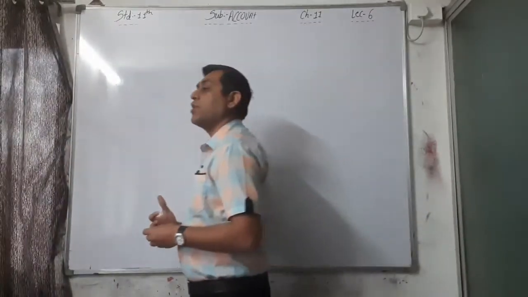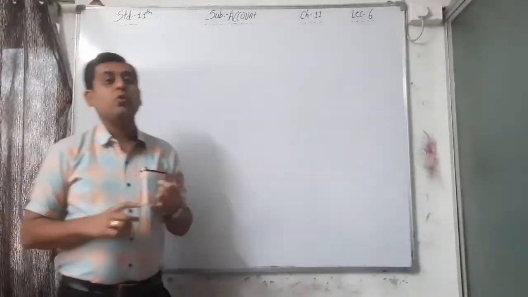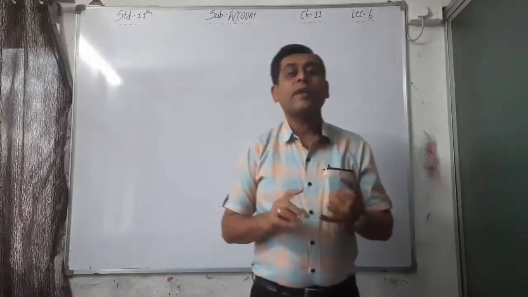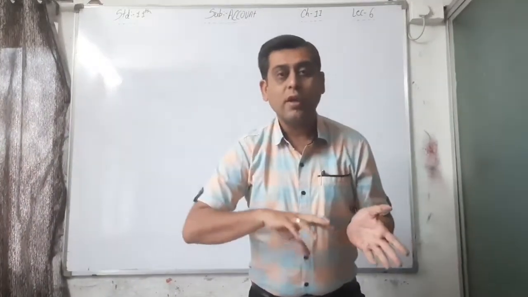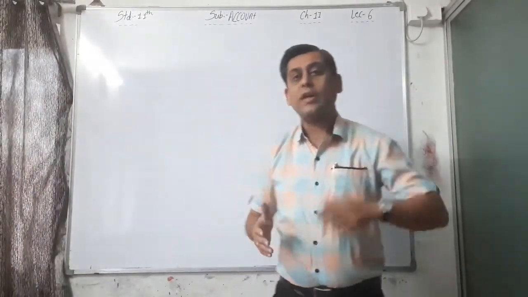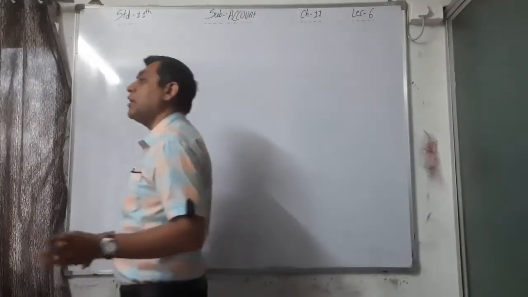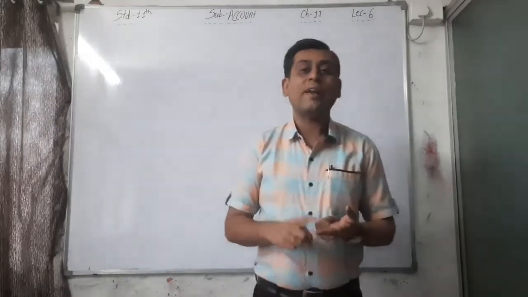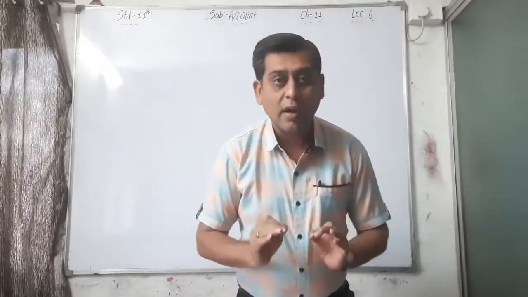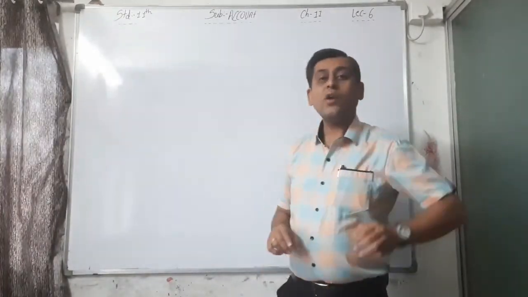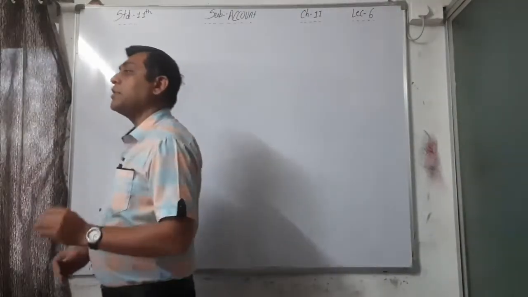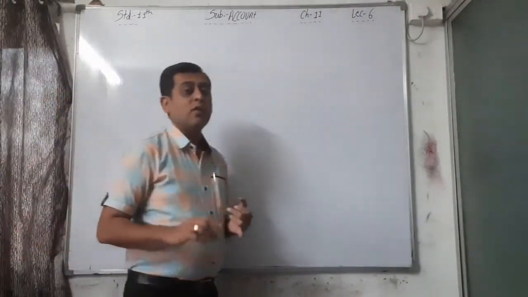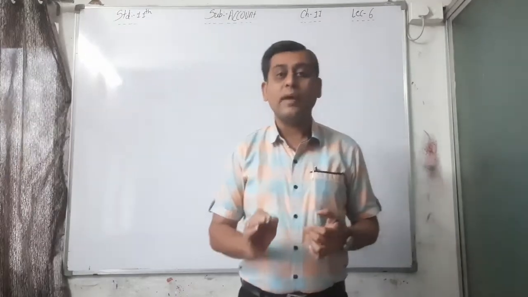In our last session we completed up to illustration number 5. Illustrations number 2 and 3 were done with the add or less method, and illustrations number 2 and 3 were also done with the debit credit method.